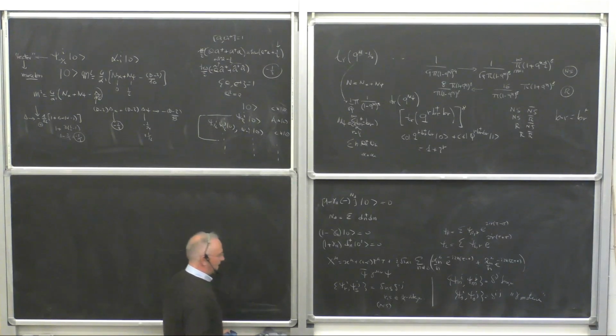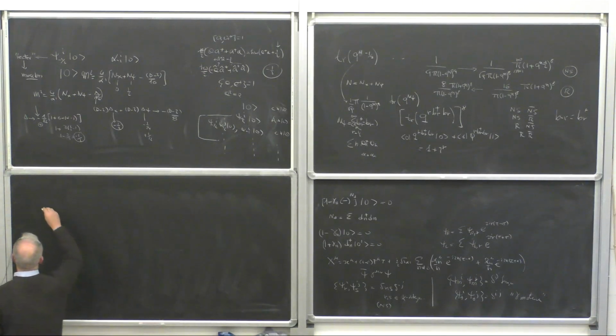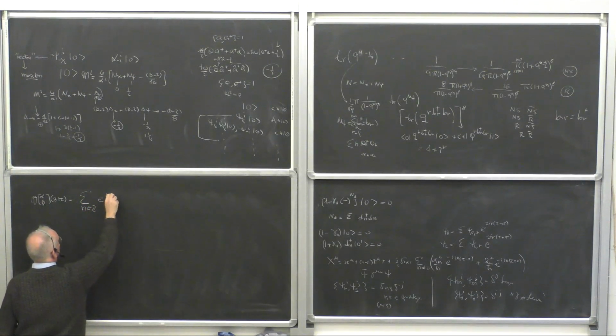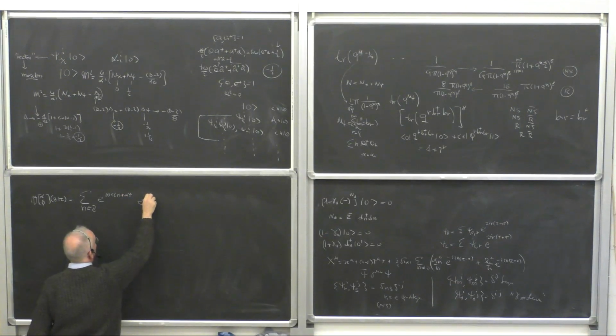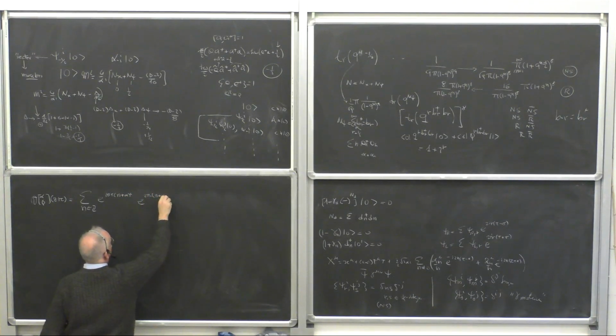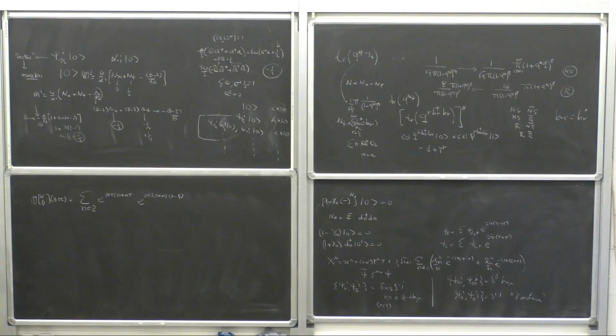Now, theta functions are Gaussian sums. And the theta functions of interest for us are what I call the four theta constants.